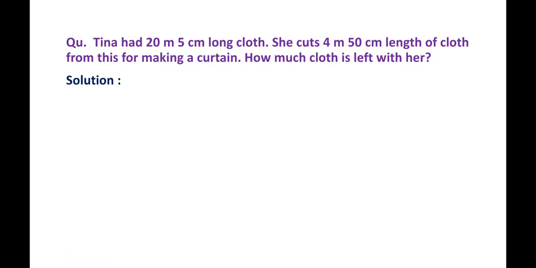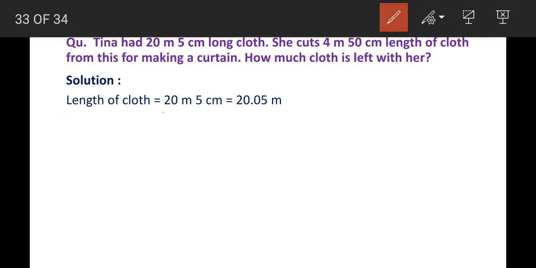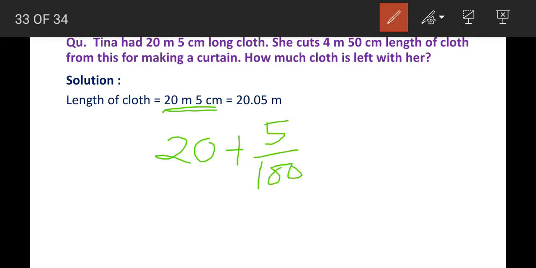First, write whatever is given in the question. We are given that the length of the cloth is 20 meter and 5 centimeter. We have to convert that to decimal, that is, to meters. 20 meter stays 20 meter, and 5 centimeter converted to meters, as we know that 1 centimeter equals 1 by 100 meter, is 0.05.